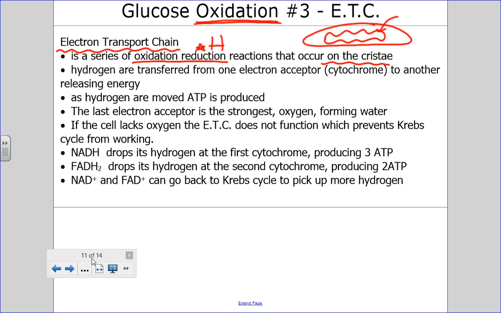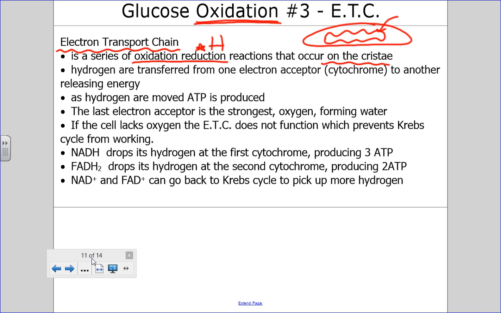Now, basically what is happening here is that molecules that have picked up hydrogen are going to bring it here. So we saw in our previous lessons that there are molecules that pick up hydrogen. NAD picks up hydrogen to become NADH. FAD picks up hydrogen to become FADH2.